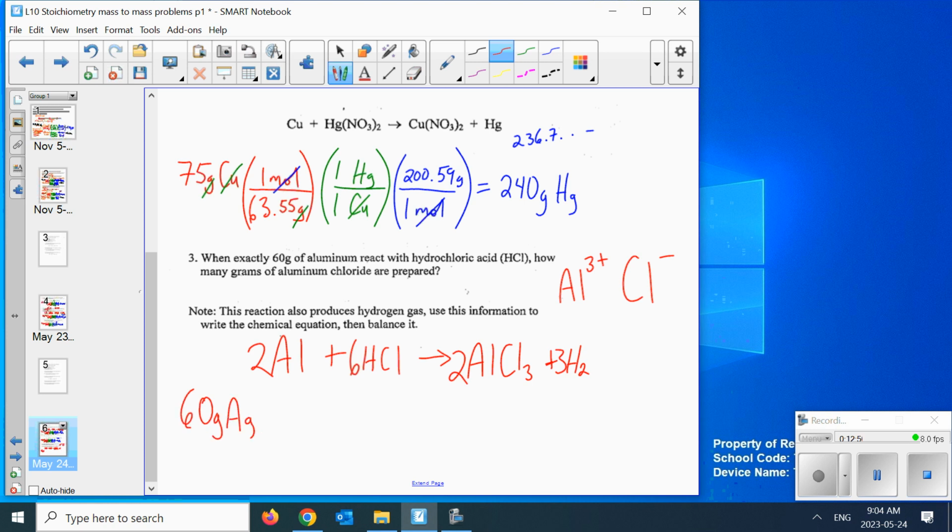I'm going to assume 2 digits. And I know I need to get rid of grams. I need to get rid of moles. Aluminum, I look it up on the periodic table: 26.98 grams. Here's my self-talk that I repeat every time: if I stop calculating right now, grams are gone. Oh, that's wrong.